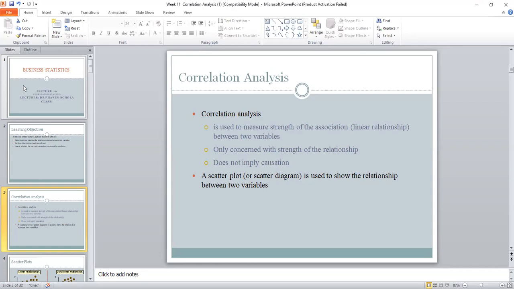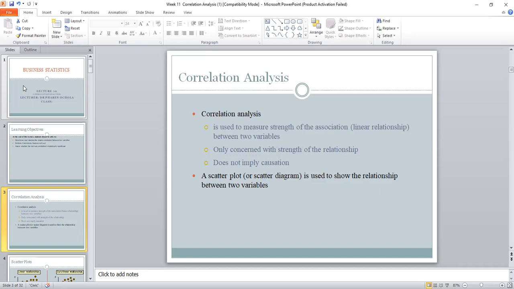Lorries are less efficient than cars. So those are negatively correlated.